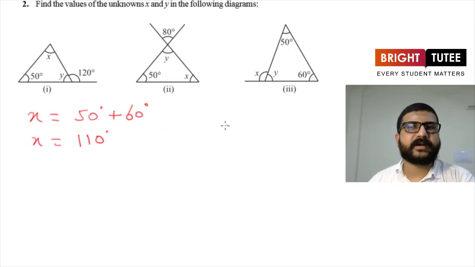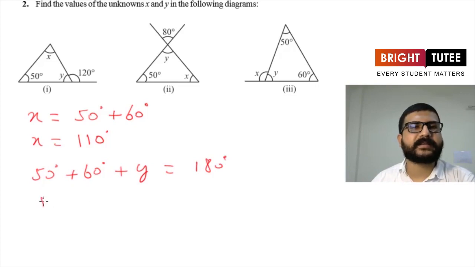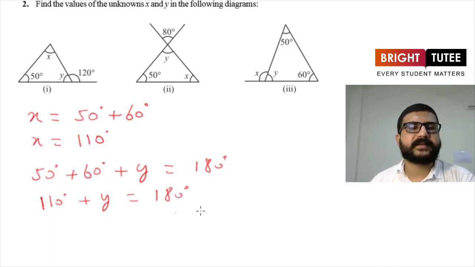Now we have to find the value of y. How can we find y? Can we use angle sum property? Yes, we can do that. So here we will get 50 degrees plus 60 degrees plus y is equal to 180 degrees. Now by simplifying we will get 110 degrees plus y is equal to 180 degrees.